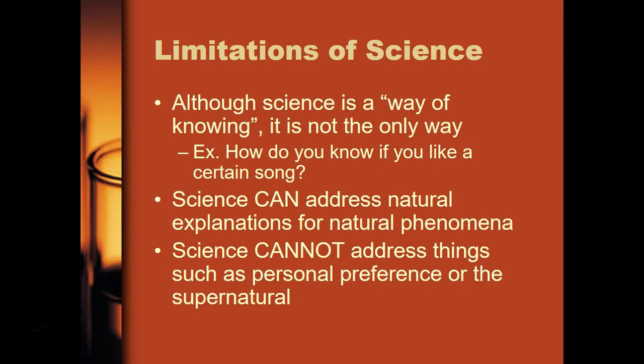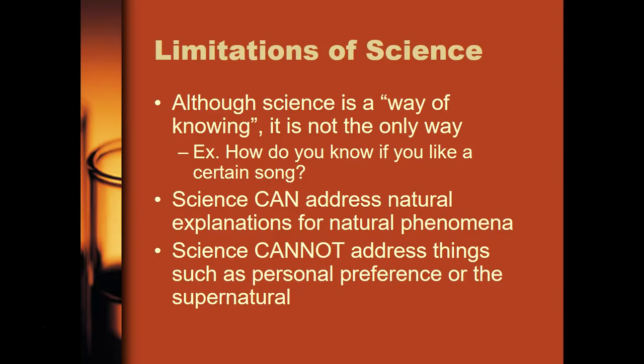Something else to consider when we're talking about science is that there are limitations in the questions and the experiments that we can actually run. So science is in and of itself a way of knowing something, but it's not the only way. When we talk about science, it's limited to being able to address natural explanations for natural phenomena.